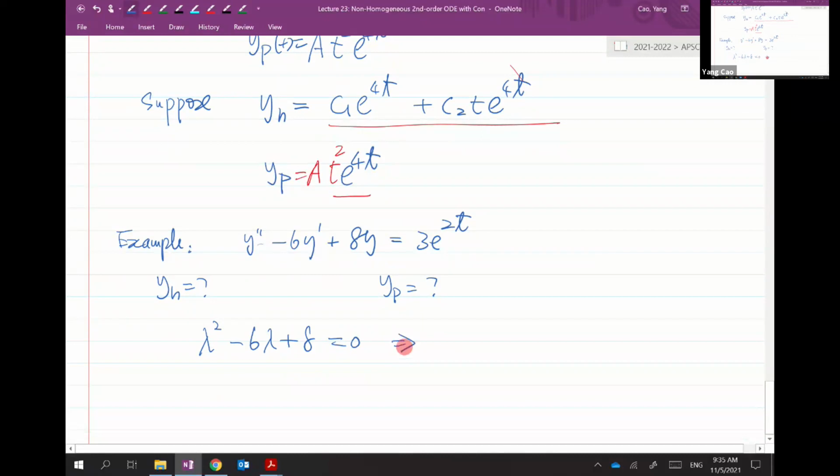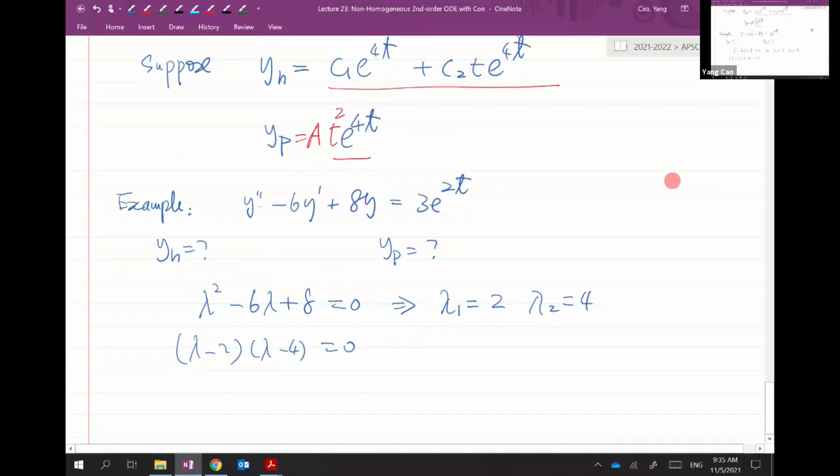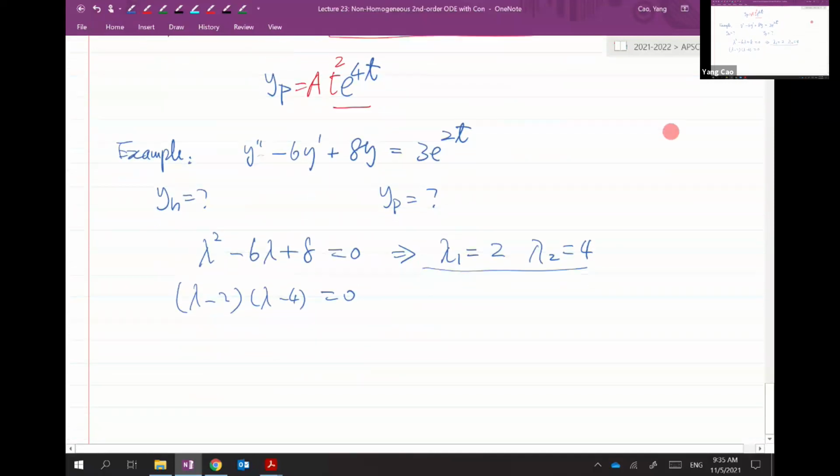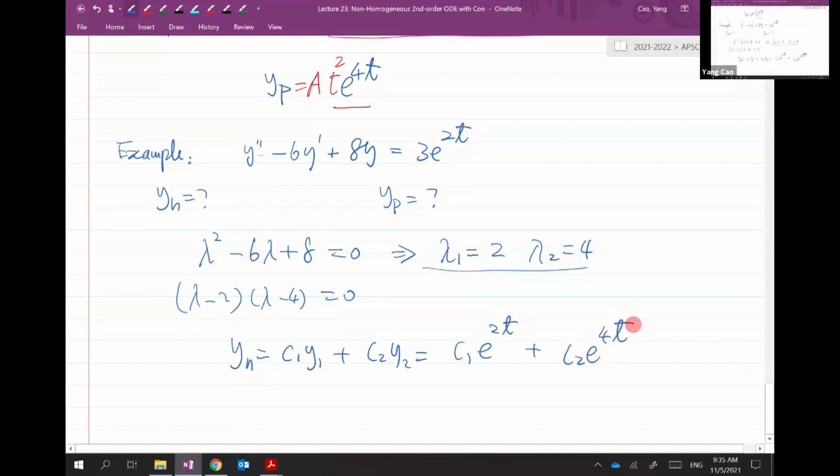Okay, and then you solve for lambda. You get lambda 1 equal to 2, lambda 2 equal to 4. Okay, and you can easily separate into two factors, right? So you got two lambdas here. That basically means your yh equals c1y1 plus c2y2, which is c1 e to the power 2t plus c2 e to the power 4t. Right, that's your yh, and you're done.